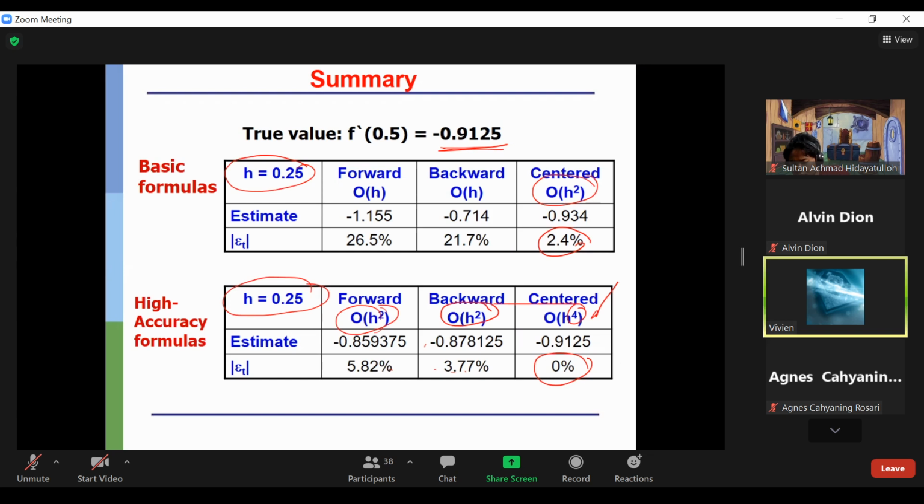So which one of the three schemes that we have learned here is the most suitable for our problem cannot be determined easily. So you have to do some testing.